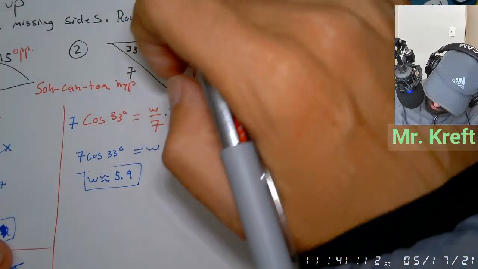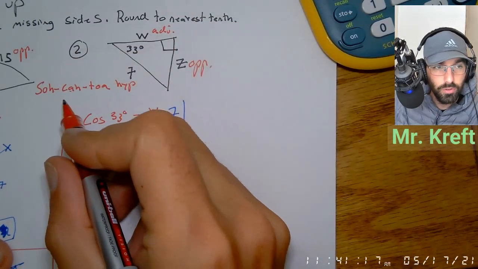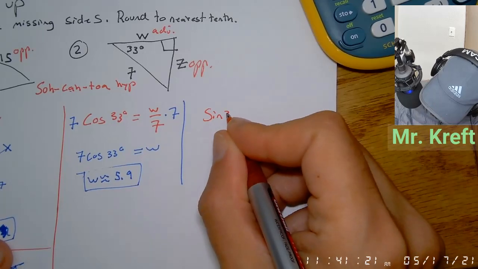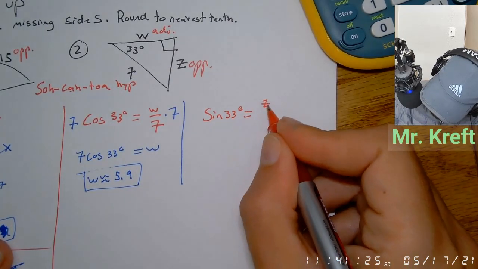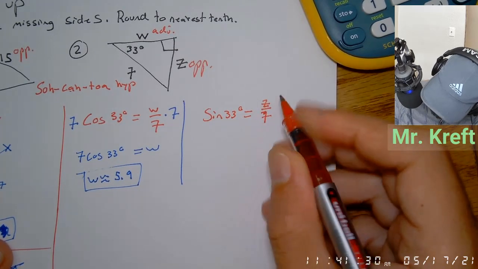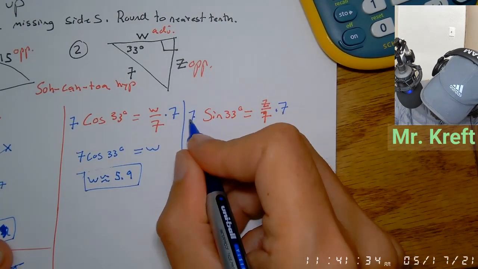Then, for my next one, for my z, if I cover up my w, I have opposite and hypotenuse. So opposite and hypotenuse is sine. So sine of 33 degrees equals my opposite over my hypotenuse. Oops, yeah, z over my hypotenuse. To solve this, I'm going to multiply by 7.